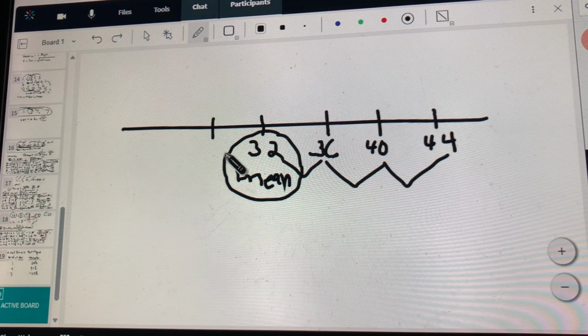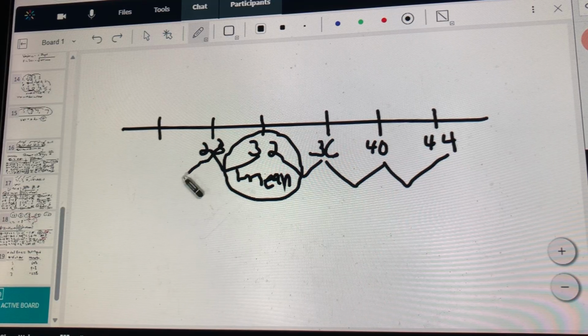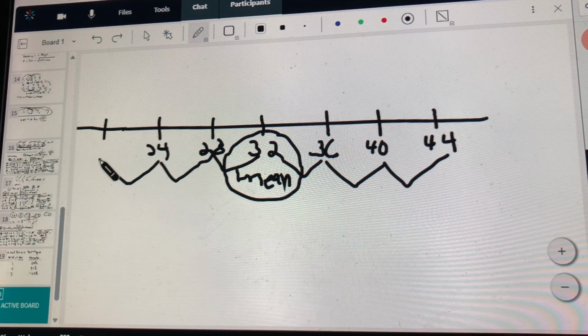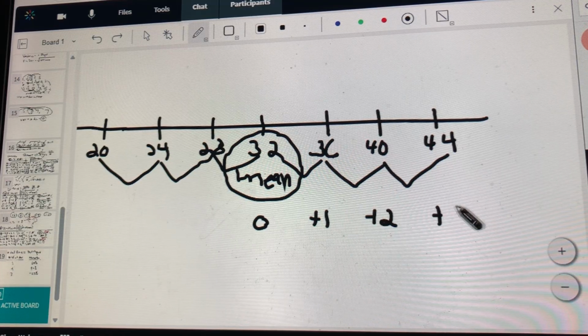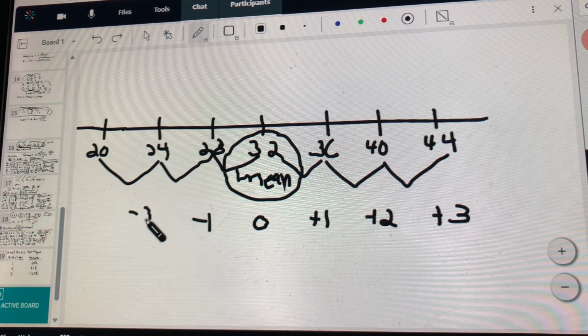Then go back to the mean and subtract 4, subtract 4, subtract 4. What these represent are the number of standard deviations away from the mean. The mean is 0 away from itself, but 36 is positive 1 standard deviation above the mean. 40 is positive 2, and 44 is positive 3. 28 is negative 1, 24 is negative 2, and 20 is negative 3.